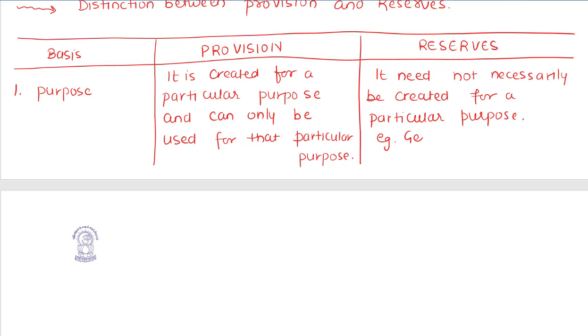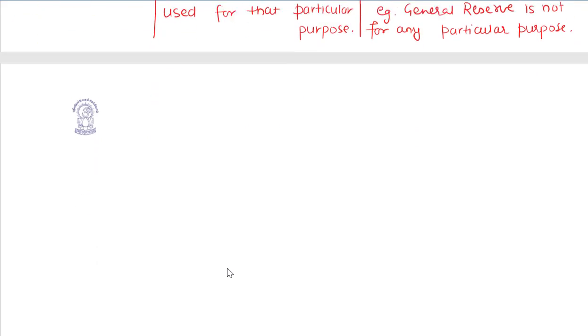Example, general reserve is not for any particular purpose. Let us stretch these lines.